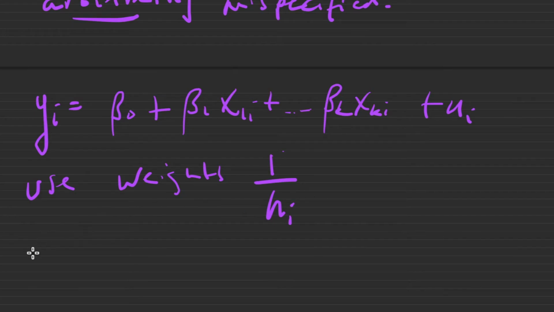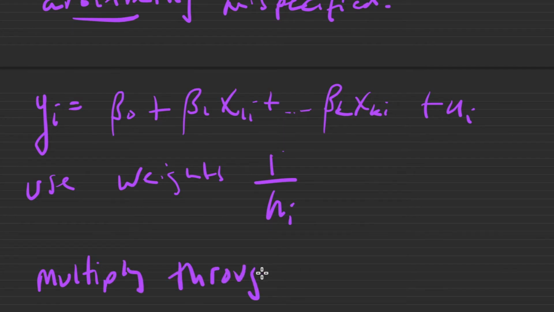So this means that we're going to use a multiplying factor, so we multiply through by 1 over square root of hi to transform the equation.